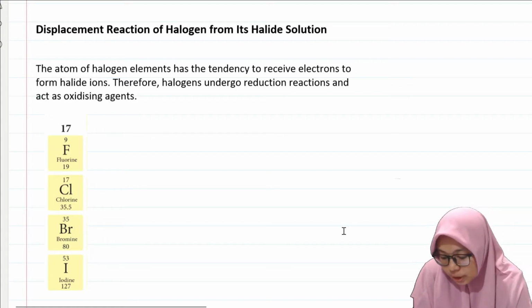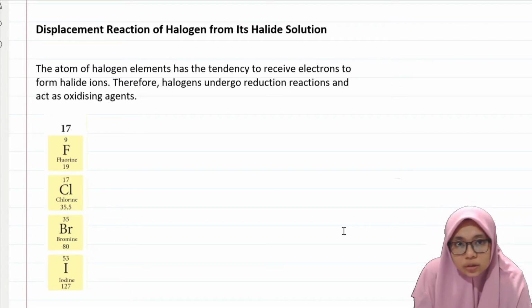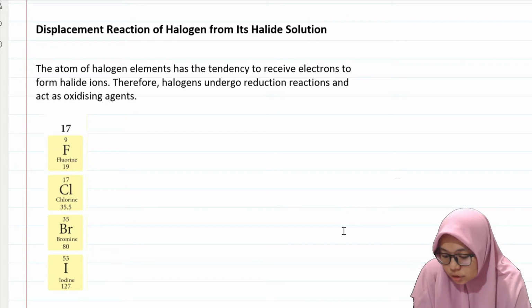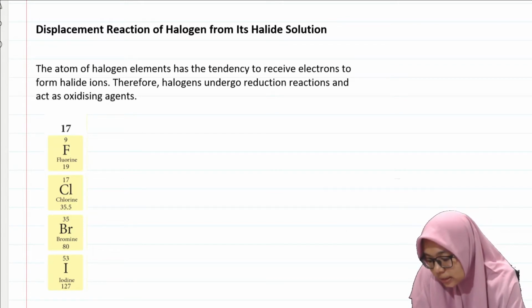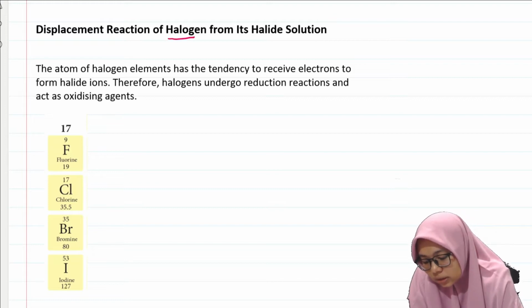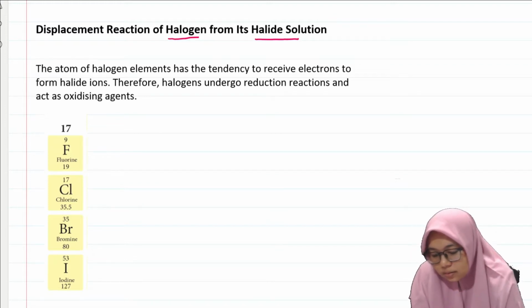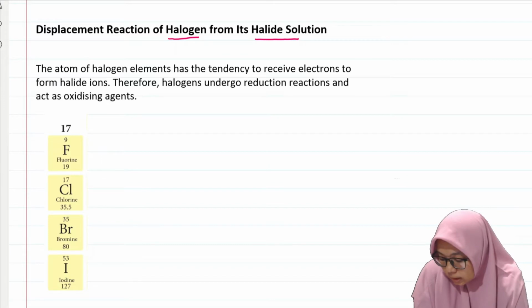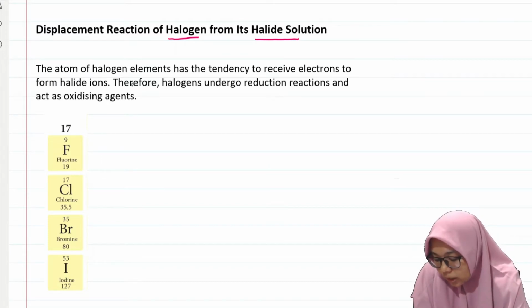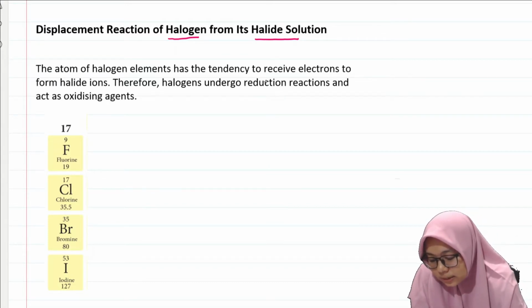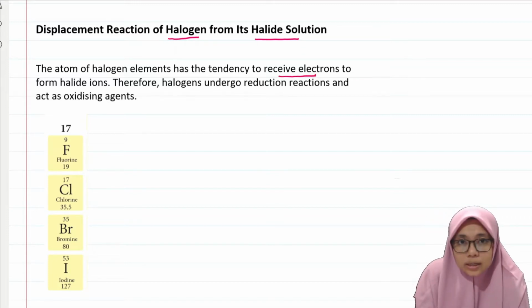Displacement of halogen from its halide solution is a reaction that involves group 17 elements. So you have to recognize these two terms, halogen and halide, or halide solution. Okay, the statement says that the atom of halogen elements has the tendency to receive electrons to form halide ions.